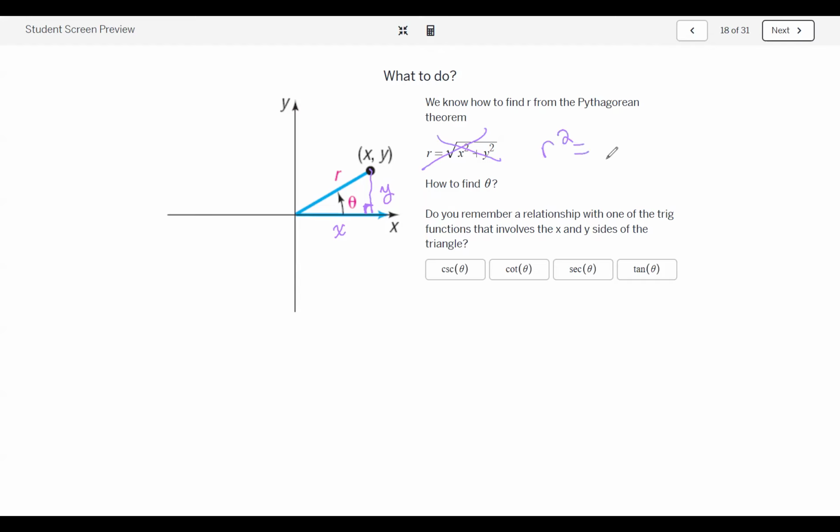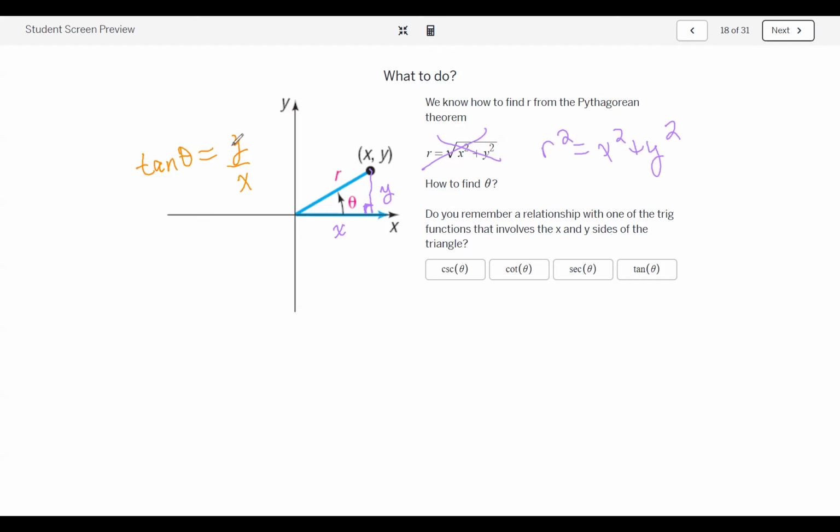I prefer x squared plus y squared equals r squared, because we know polar points can spit out a positive radius or a negative radius. Now, something that relates theta with x and y is our tangent function. The tangent of theta is y over x.